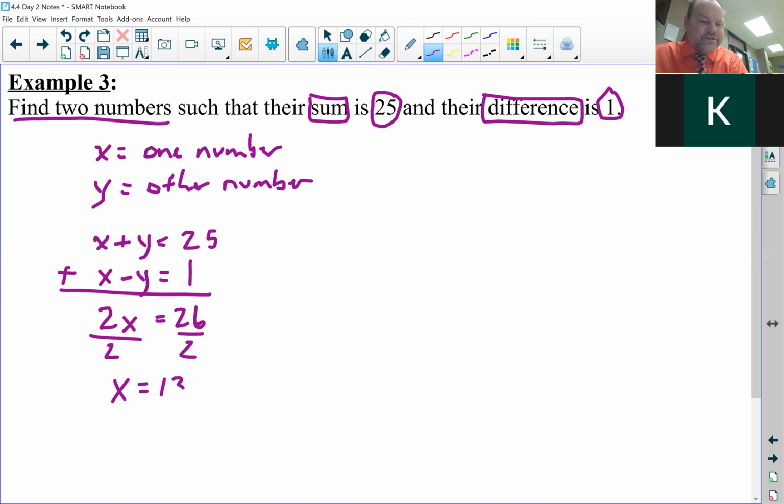And we get x is 13. Plug in to either of my two equations to find out what y is. I'm going to use the top one.